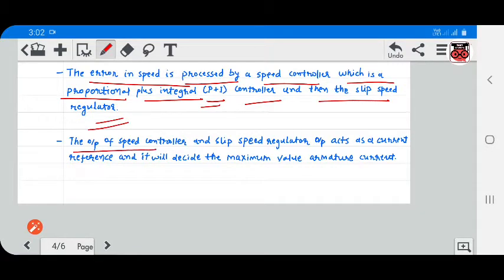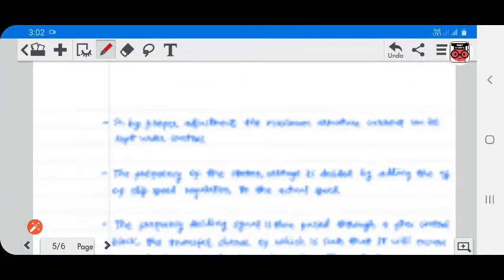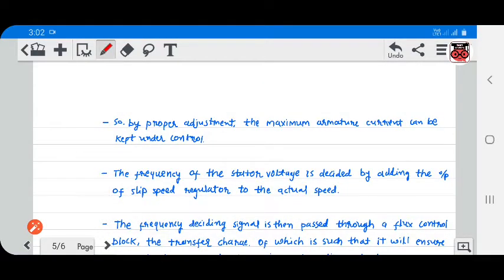The output of the speed controller and slip speed regulator output act as the current reference, and it will decide the maximum value of armature current. So, by proper adjustment, the maximum armature current can be kept under control.